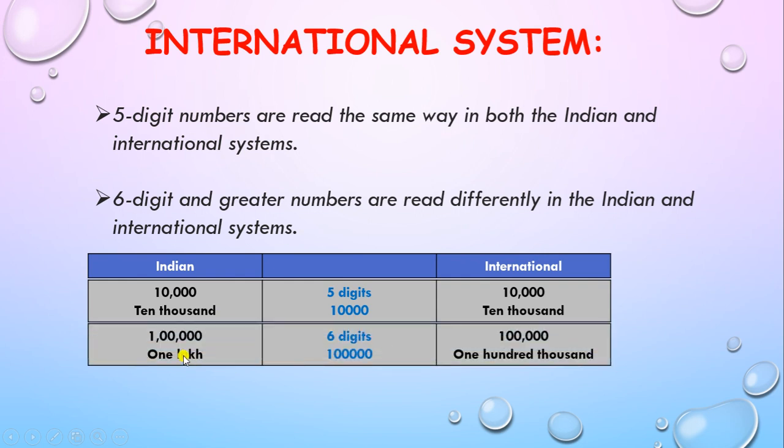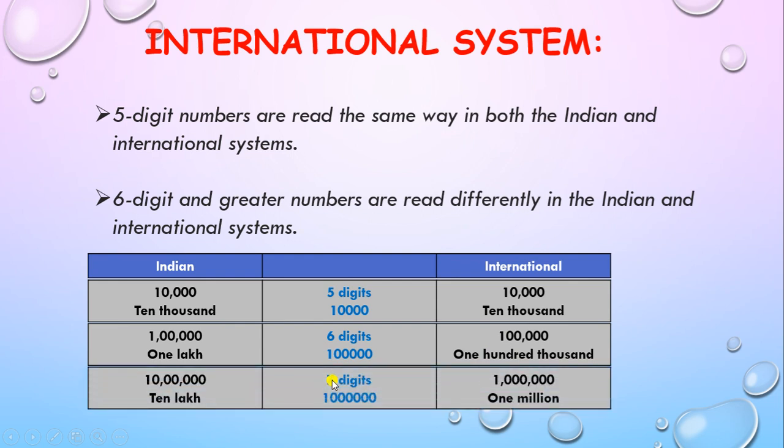This is read as 1 lakh, and in the international system it is 100,000. So here it is read in different ways in both the systems. Let's take one more example of a 7-digit number. In the Indian system it is 10 lakh, whereas in the international system it is 1 million.